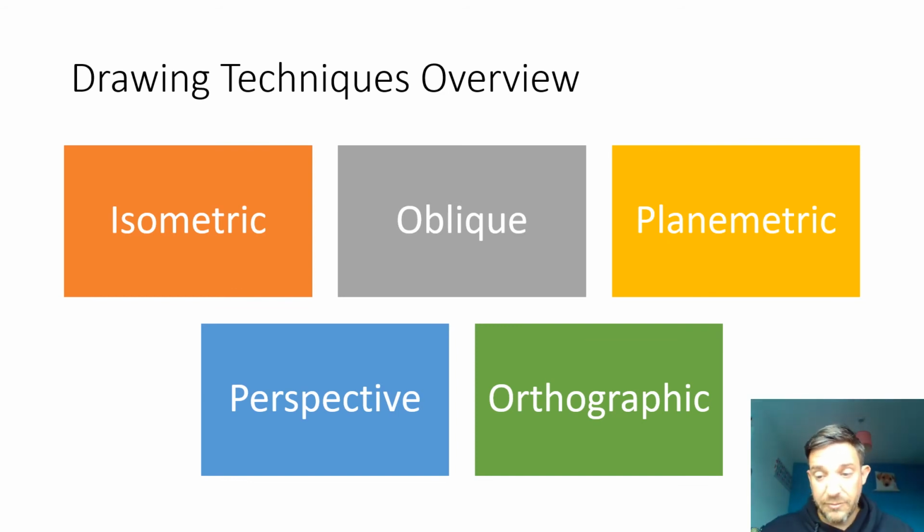There's no scaling involved, or it's scaled at 1:1, so everything you draw is all going to be the same size. You don't have to worry about making any conversions. Orthographics are used quite extensively in engineering, much more so than any of the others, and we're going to come on to some engineering drawings next, and I'll show you why that's true and why they're used so often.